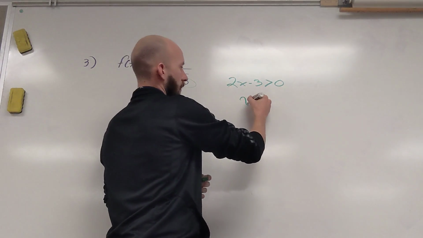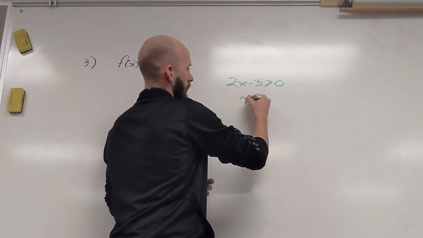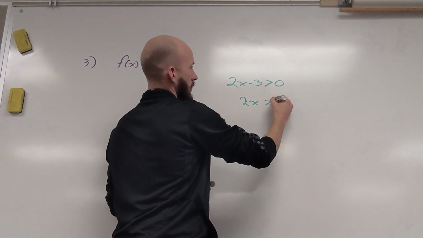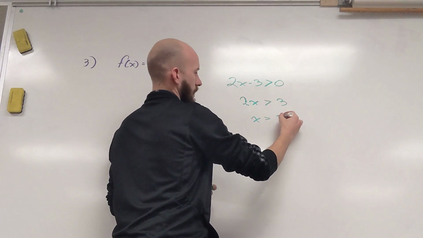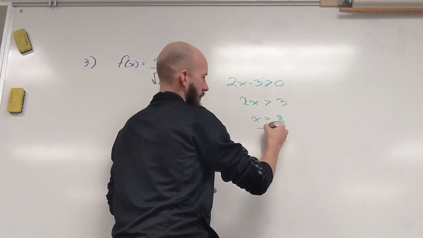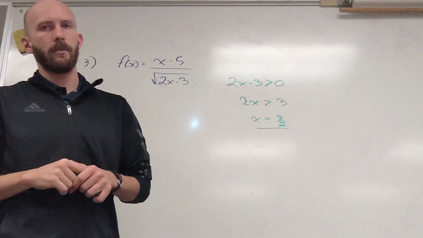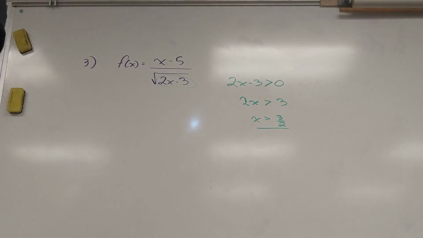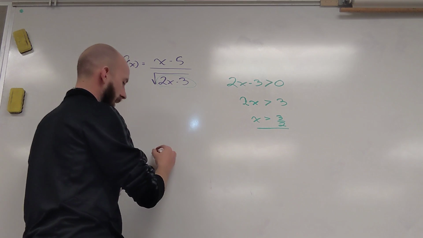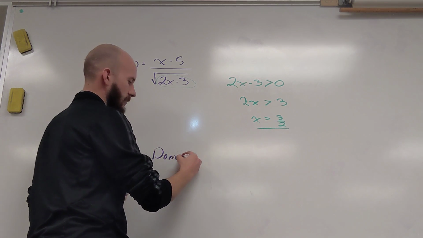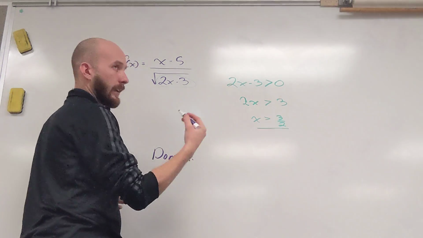So 2x is greater than 3. And x is greater than 3 over 2. So for our domain, again on this one, interval notation.